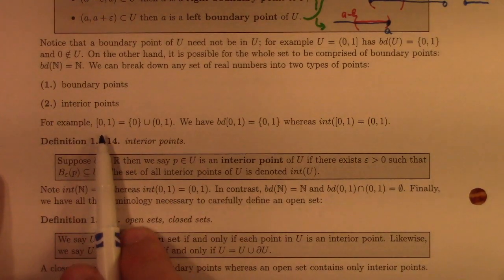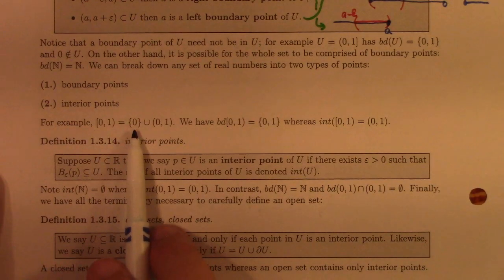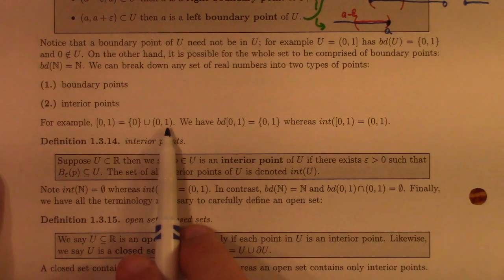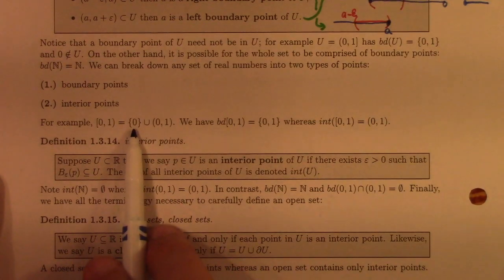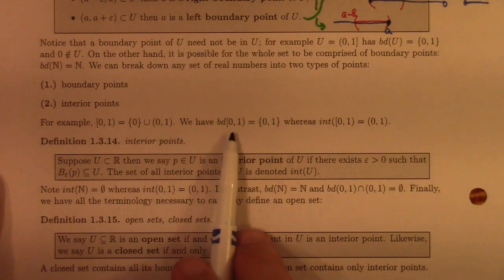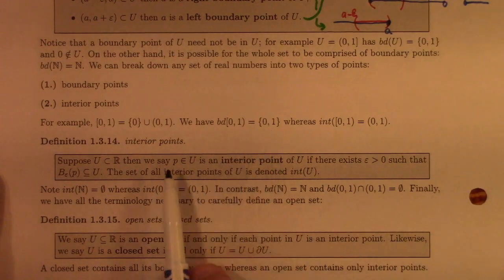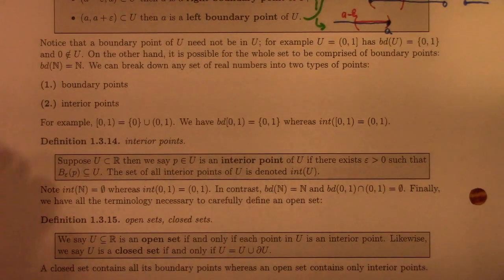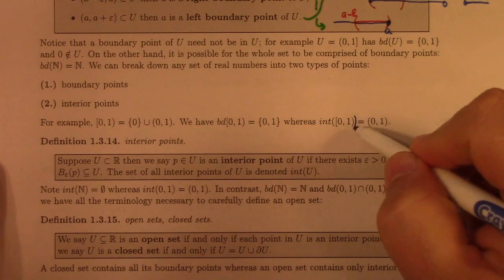For example, the interval [0, 1) is the union of 0 with the open interval 0 to 1. The open interval 0 to 1 is the interior, and this 0 here is the boundary point. The boundary of the set also includes 1, which is not inside the set. So it looks like some sets include their boundary and some sets don't.